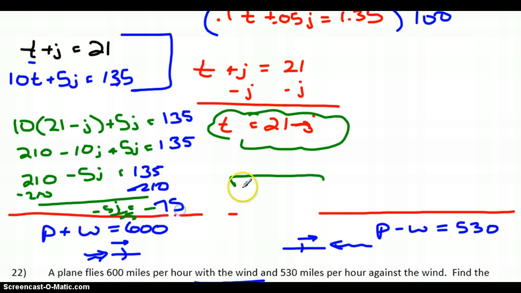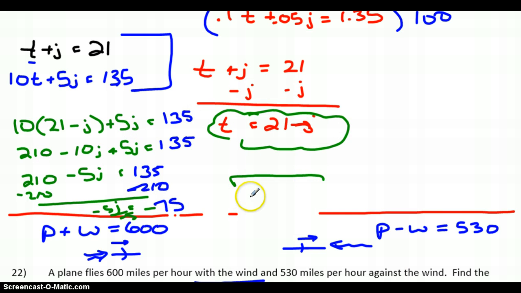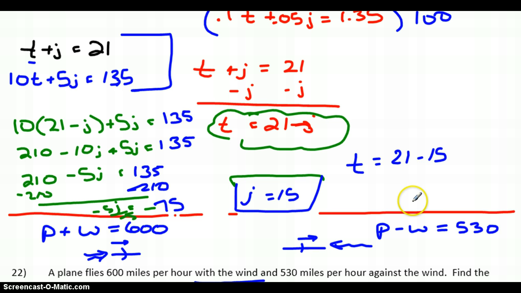Now I take negative 75 and divide it by negative 5, and I get 15. So my j value is really 15. Now that makes more sense because my t value is supposed to be 21 minus 15. And 21 minus 15 is 6.